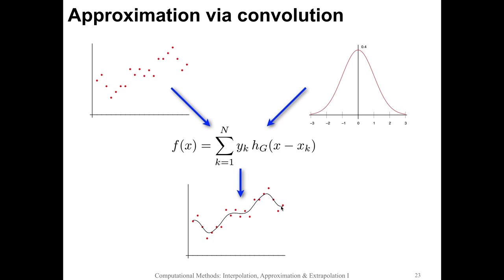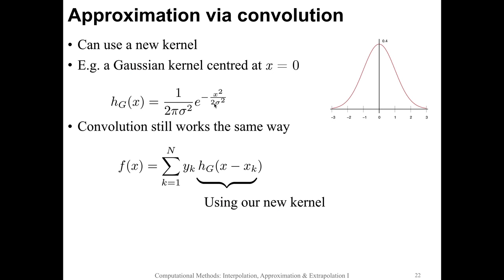So as we noted before, this time we don't actually have to interpolate our data. We don't actually have to go through our data points. We only need to approximate them. Now, because we have this Gaussian kernel, if we just skip back one slide, note that there was a parameter here, sigma, and that is a parameter that can control the width of our kernel.